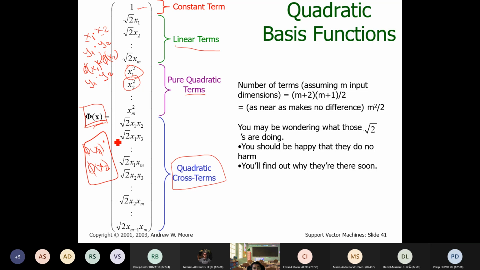How many operations will we have when we want to compute this? Well, this will be a dot product. So we will have a number of multiplications equal to the number of terms in this basis function. So let's see how many terms we have in here. We have one constant. We have m linear terms. So this is 1. This is m. This is also m. How many terms are in here?